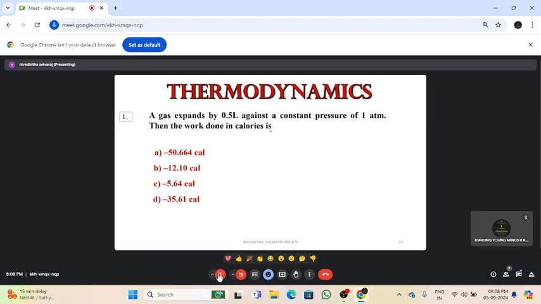So what is the formula to calculate work done? Marimuthu, do you know the formula to calculate work done?